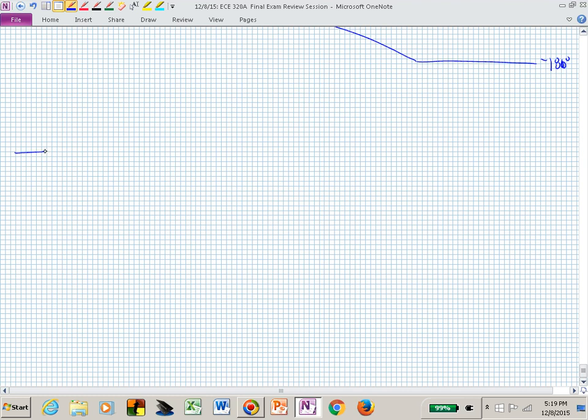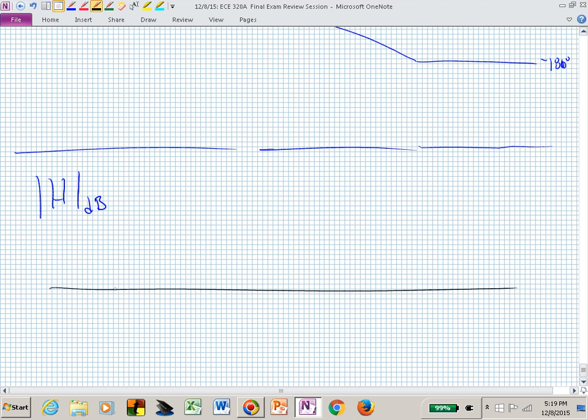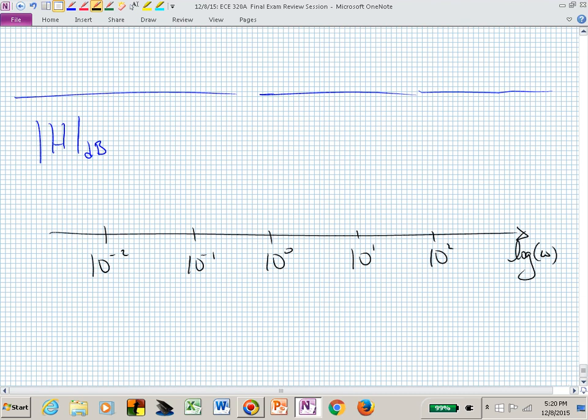If we look at the magnitude, let's say here's 10 to the minus 2, 10 to the minus 1, 10 to the 0, 100. The constant, let's say this is now minus 6 dB.